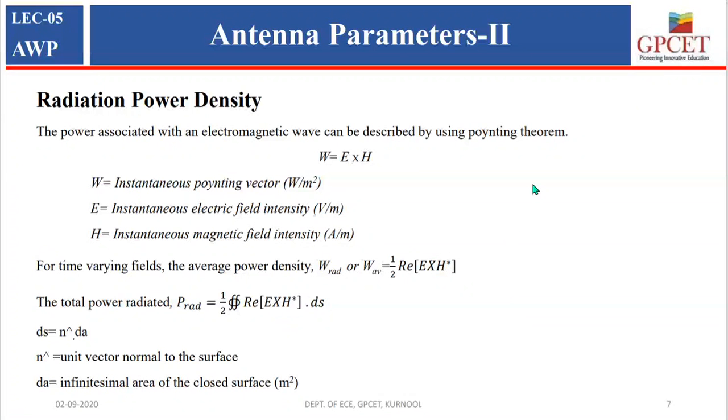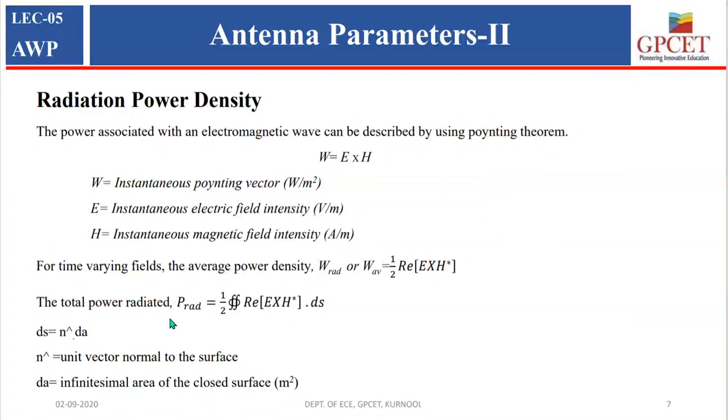If you want to know the total power radiated, then you must integrate along a closed surface. Then here you can see the total power radiated is equal to 1 by 2 times the surface integral of the real part of this density into ds.